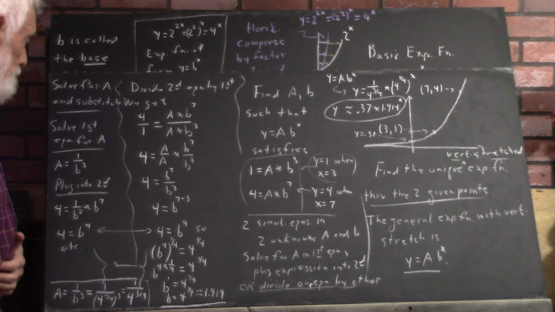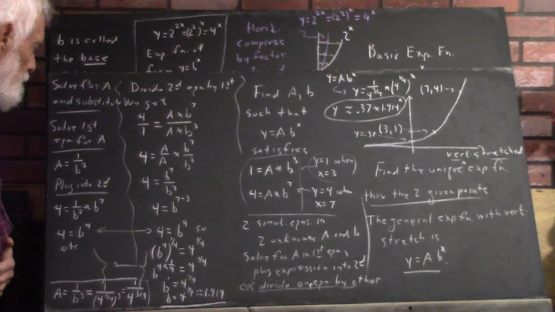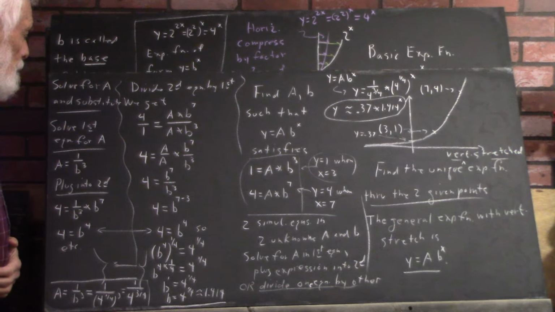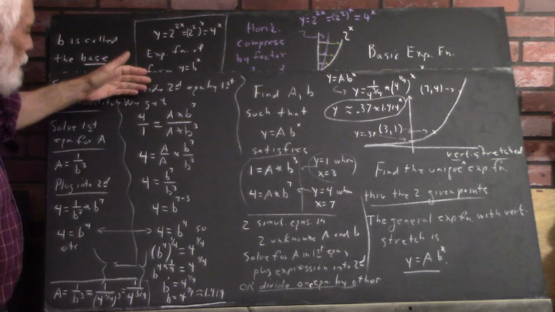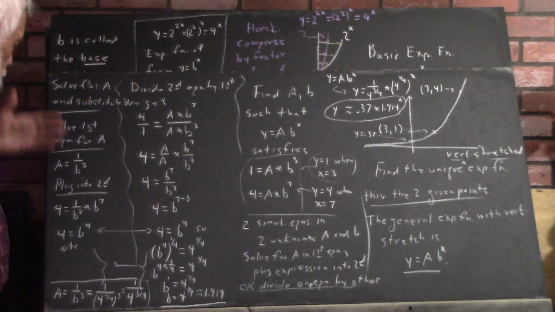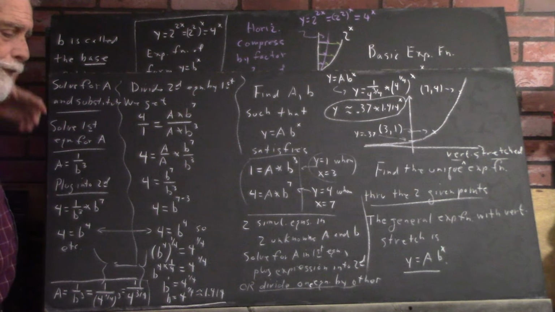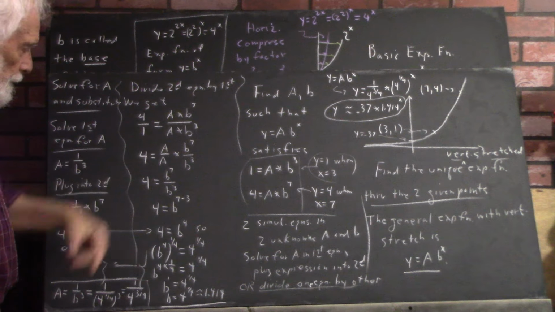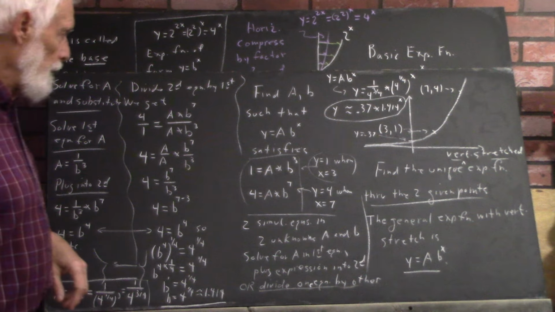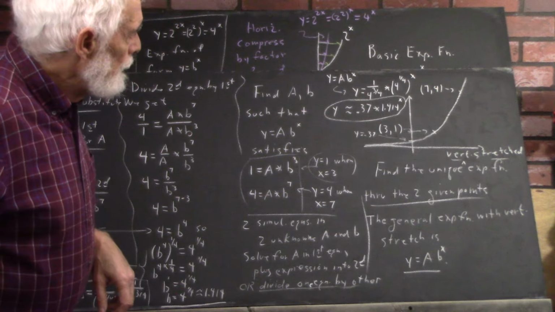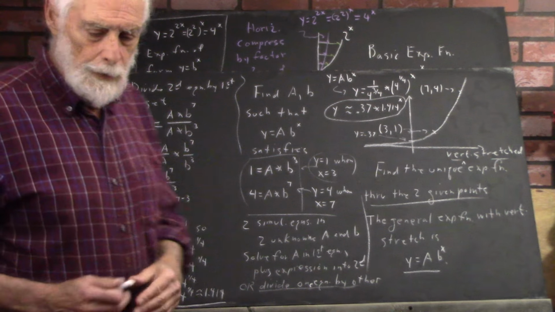Are we comfortable enough with the rules of algebra to correctly divide one equation by the other, or to correctly solve one equation for a and plug the solution into the other? Okay, so we're going to see that because you're going to have an assignment Monday that asks you to do that. Okay, we'll go on in a minute.